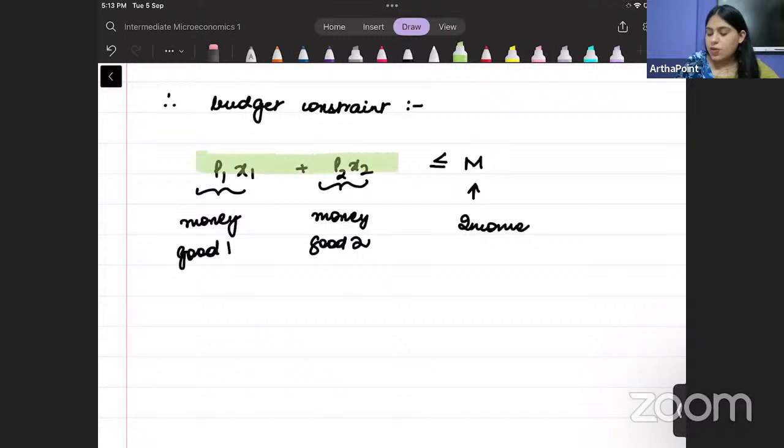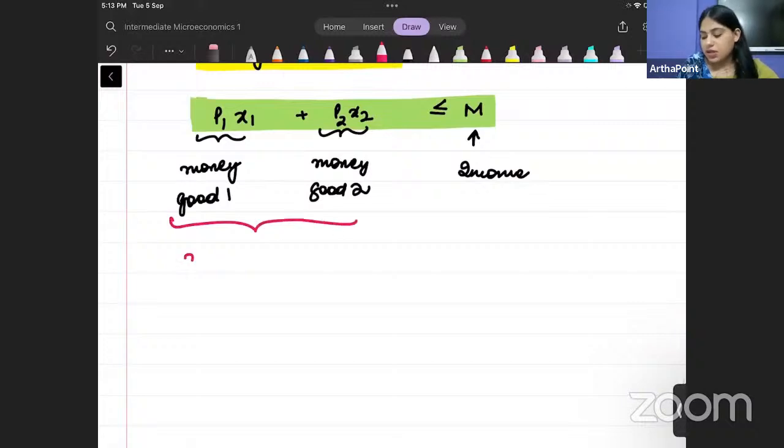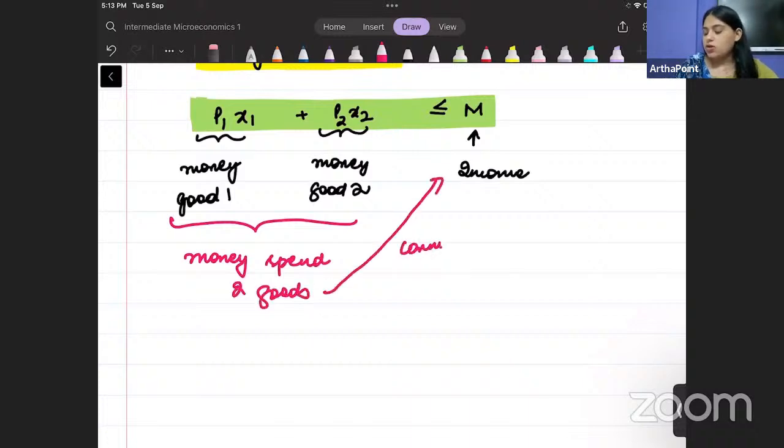This equation that I have written is called the budget constraint. So what is the budget constraint saying? It is saying that the money that you spend on the 2 goods cannot exceed your income.